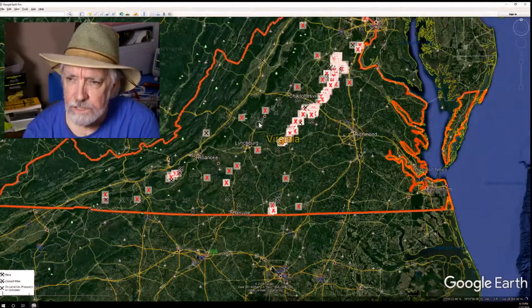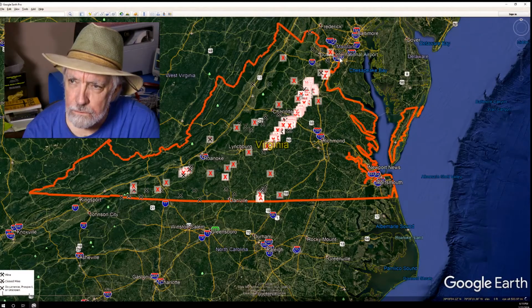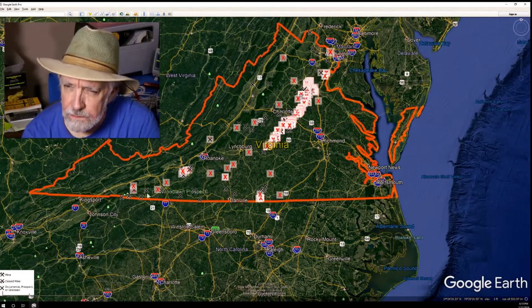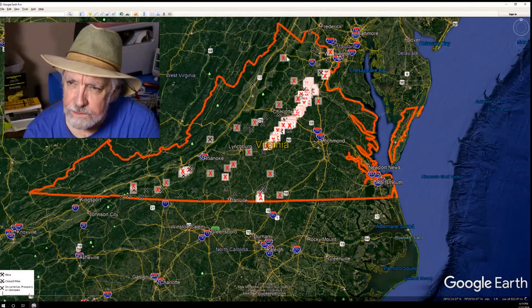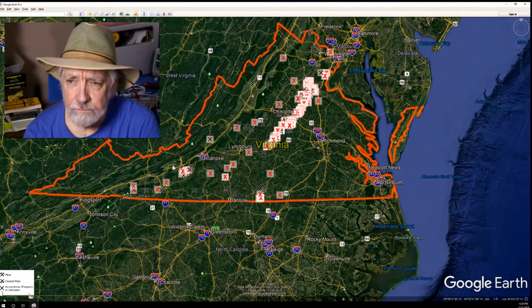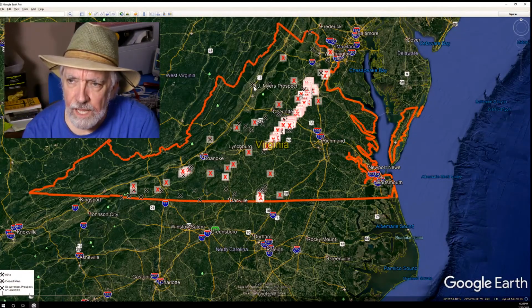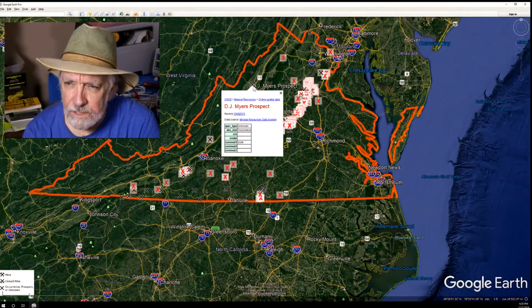If I back up on Virginia, you can see this southwest to northeast trend that follows the mountains here, which are really hills, but it's the Appalachian, Smoky Mountains range kind of thing. And we have DJ Myers prospect up here. Primary occurrence is gold.